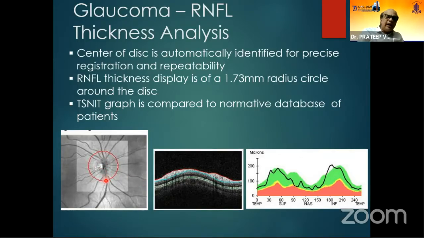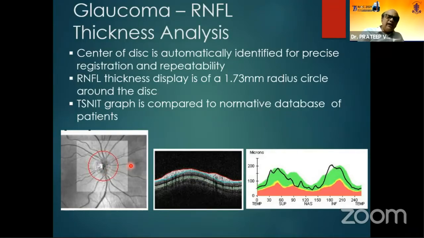It opens it and spreads it horizontally, and this is classically called the Disney curve: temporal, superior, inferior, nasal, and temporal. This Disney curve is very important because it gives us information about the RNFL thickness around the optic nerve, surrounding the 3.4 millimeter diameter from the center of the disc.